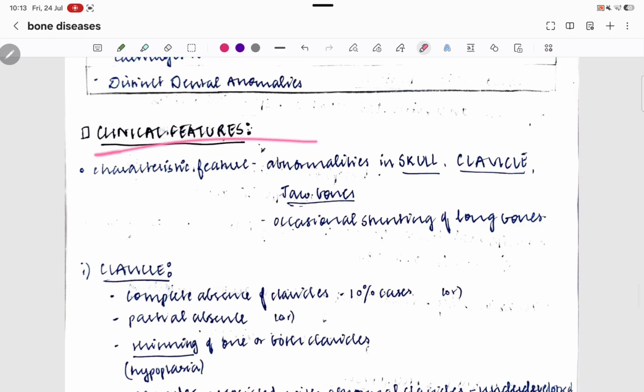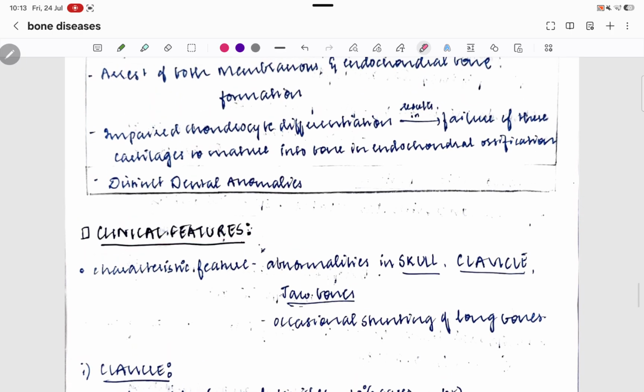Now, clinical features. In a nutshell, this CBFA gene is getting mutated, because of which it is causing an alteration of the chondrocytes. These chondrocytes form cartilage, and this cartilage matures to form bone.